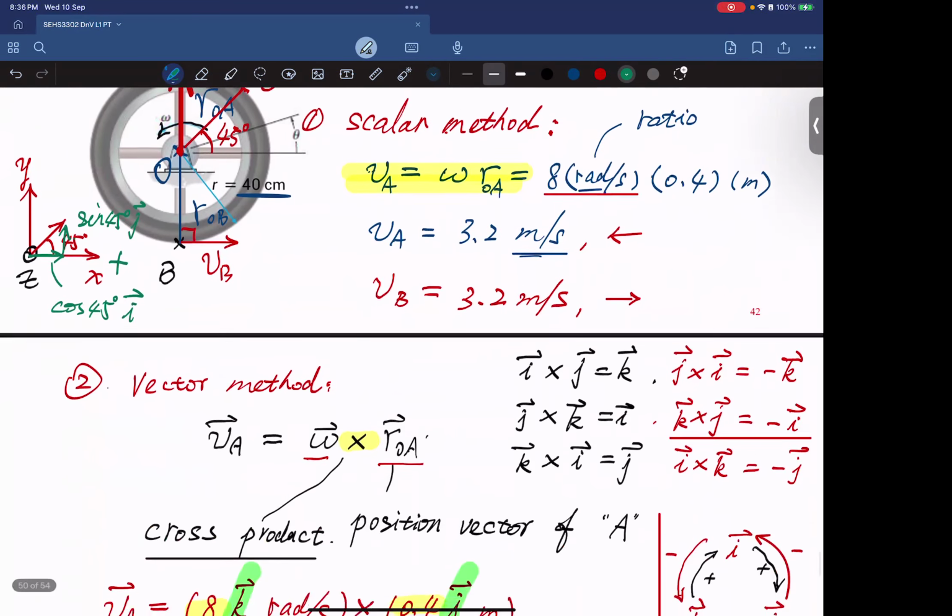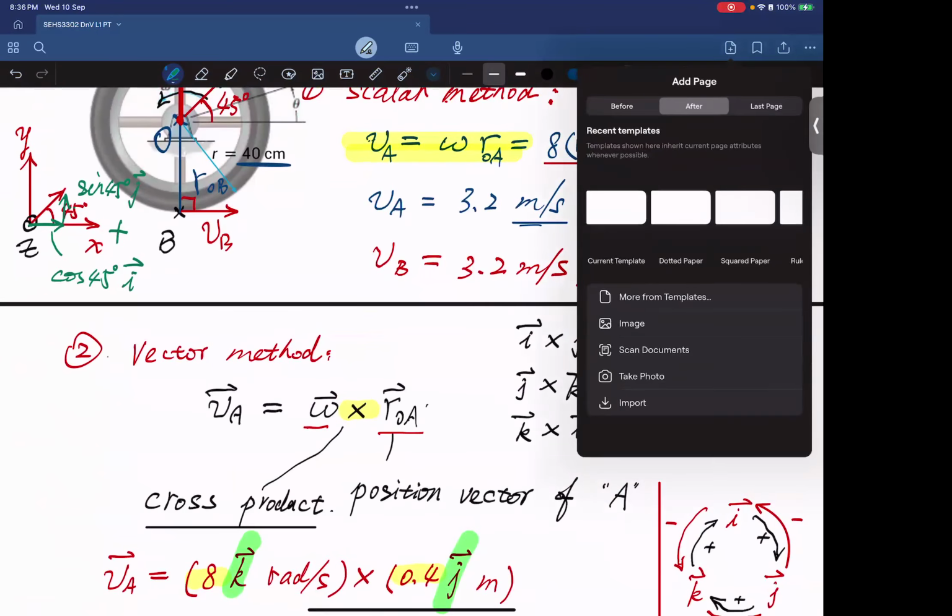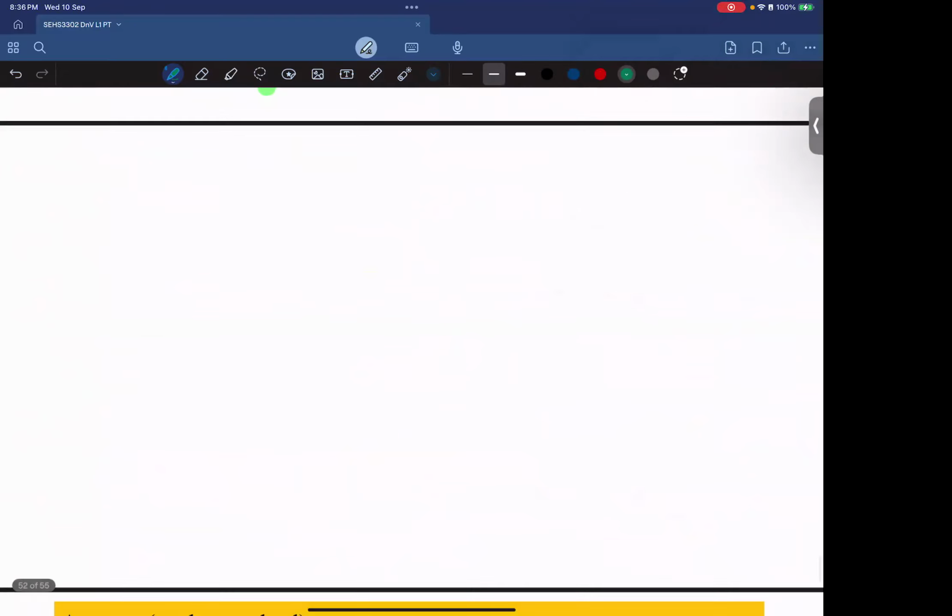We can get, okay, one more page. We can get this point, okay, this point C is here, right? Point C is here, from center to C. From the center, and we have a 45 degree angle.